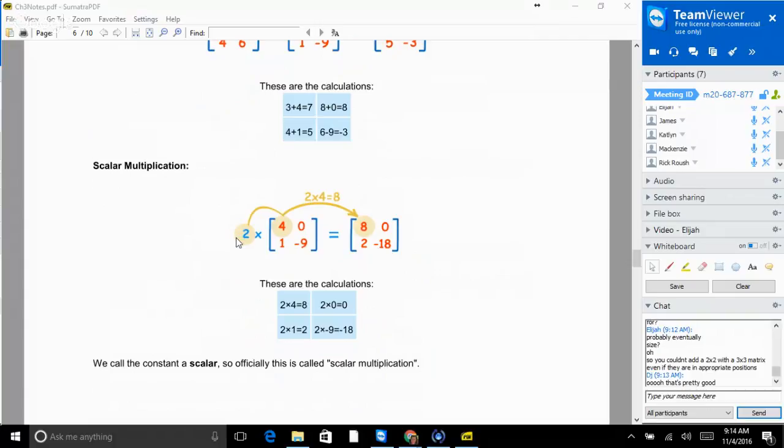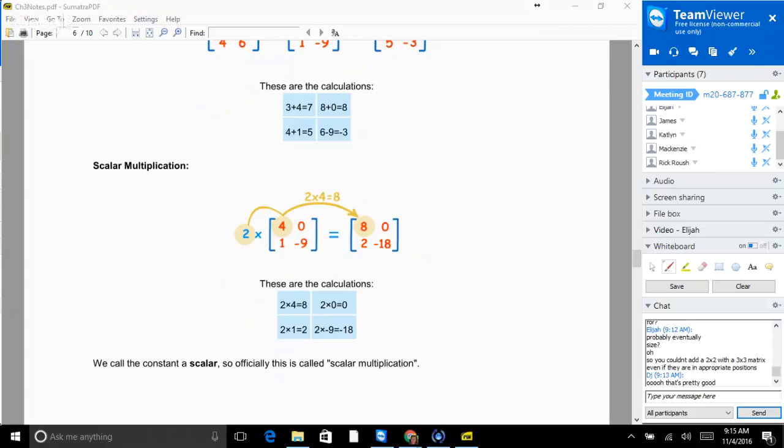Okay, and it doesn't have to be 2 because it's a 2 by 2 matrix. You can multiply by anything. This could be a 10 out front. Any of that's okay. So scalar multiplication just simply says that we are going to multiply every item in my matrix by the scalar.